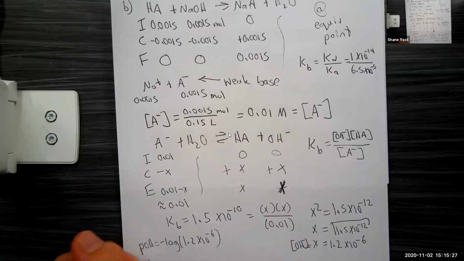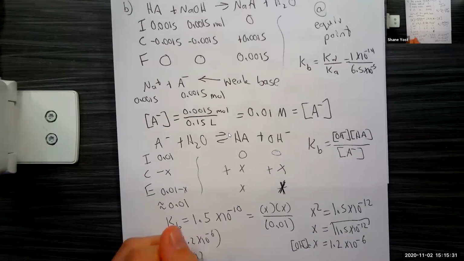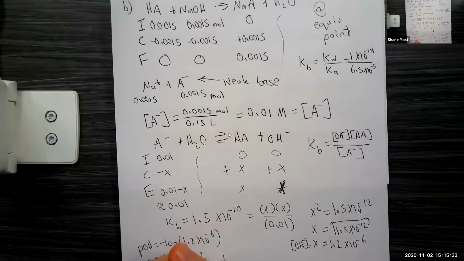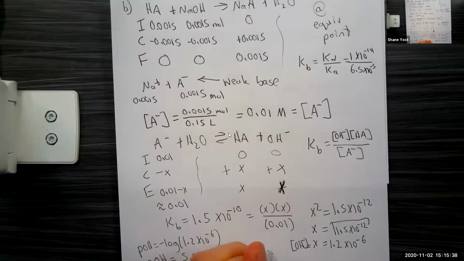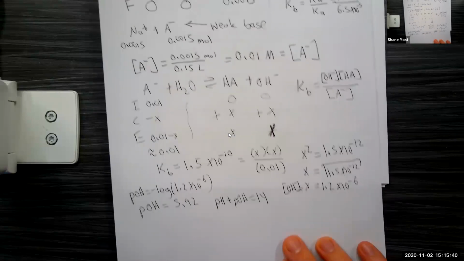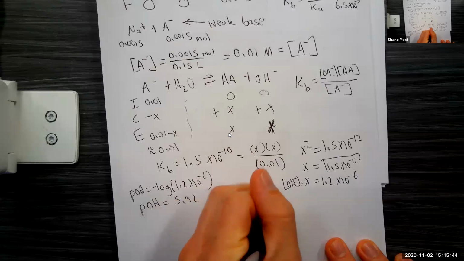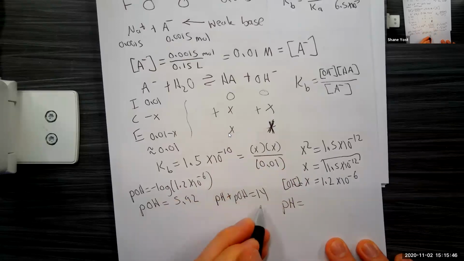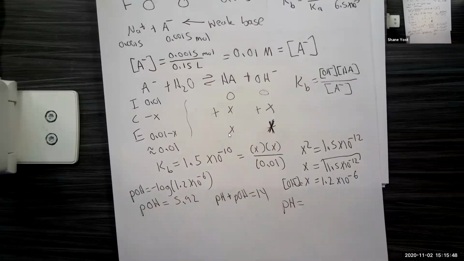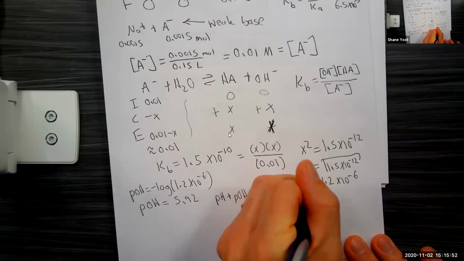That gives me a pOH equal to 5.92. And then pH plus pOH equals 14, so the pH is 14 minus 5.92, which is 8.08.